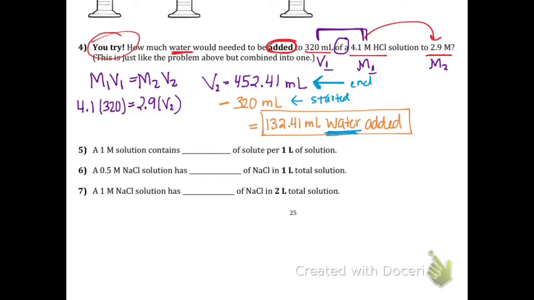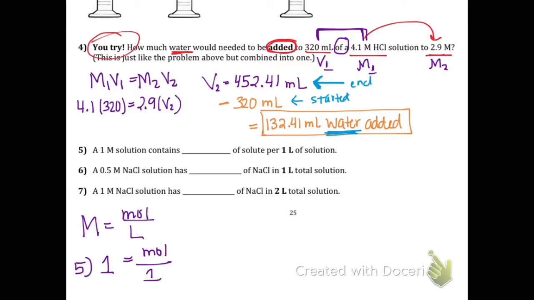All right, this bottom part right here is trying to recap something that we talked about earlier. You know that the equation is molarity equals moles over liters, right? It's supposed to be a very quick type of answer, but in case you can't see it very well, it says a 1 molar solution contains blank amount of solute per 1 liter of solution. So if you plug this in, it's like 1 equals moles over 1.